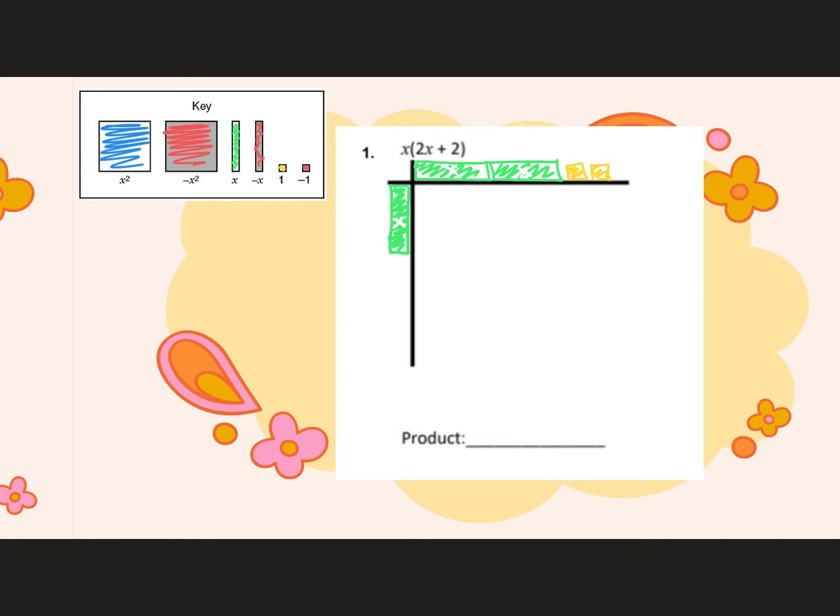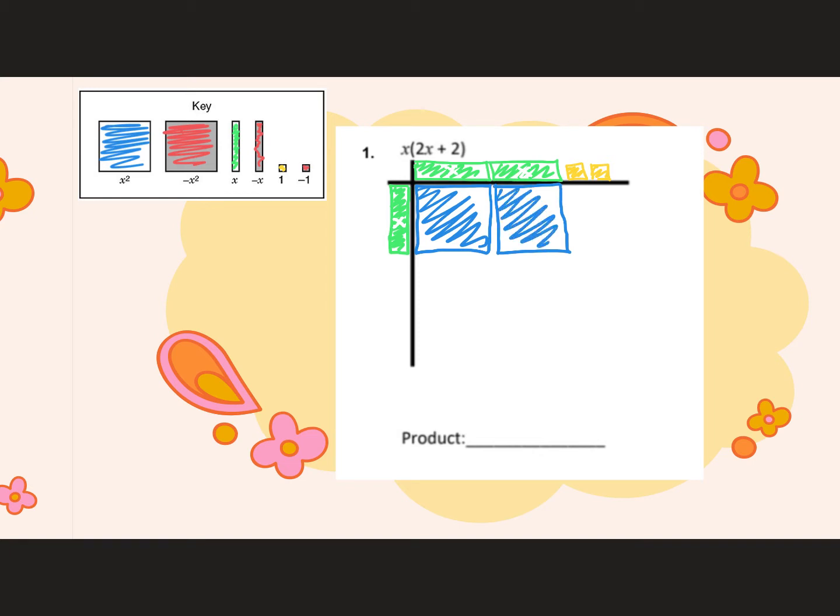All right, so here I have an X times X, which gives me X squared. Again, I have X times X, which gives me X squared.